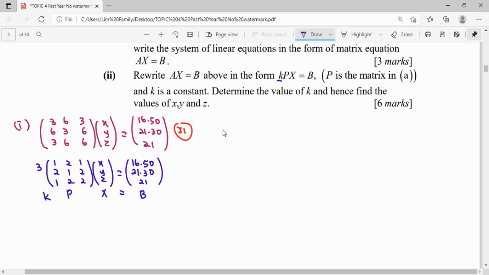Now we can clearly see that. We need to find the value of k, and then solve for x, y, z. By comparing our equation with our matrix form equation, we can see very clearly that k is equal to 3.